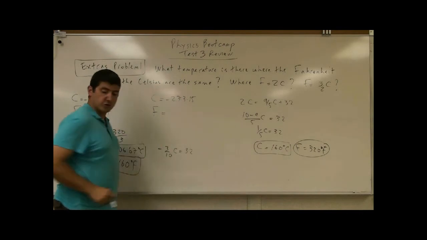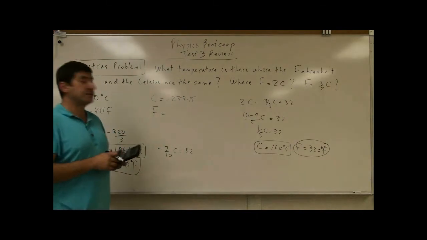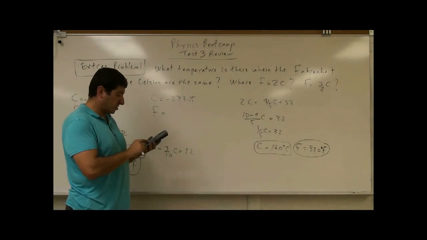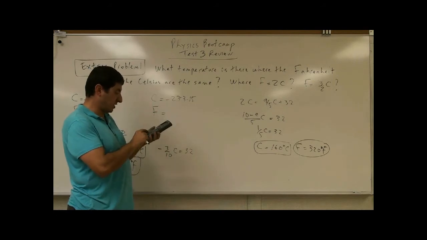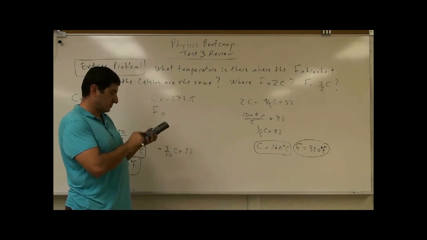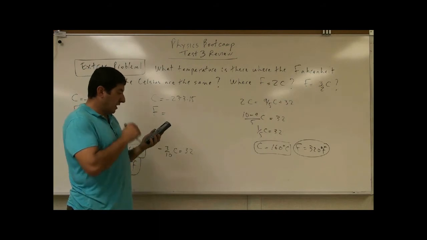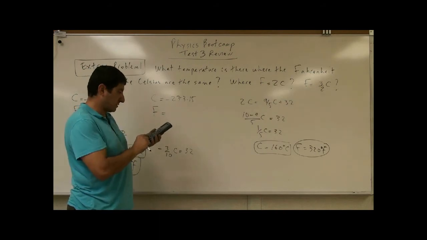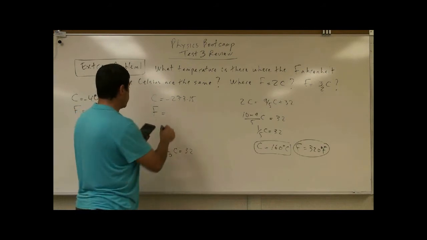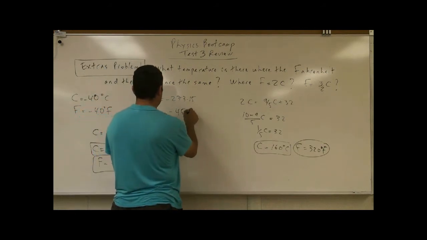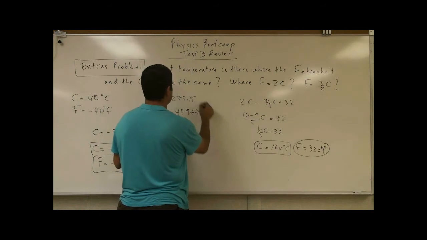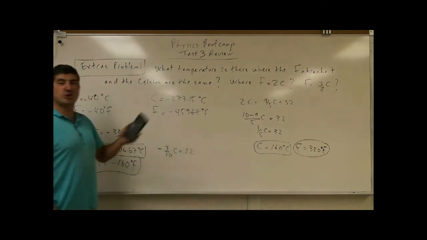You put this into the equation: 9 times negative 273 divided by 5 plus 32. The corresponding Fahrenheit is negative 459.67 Fahrenheit.